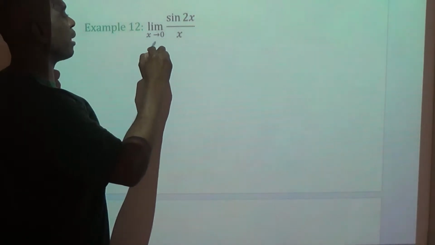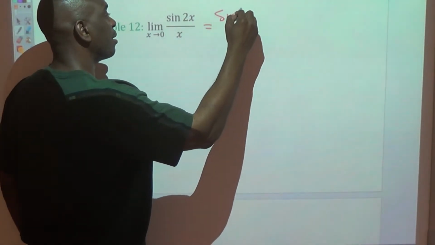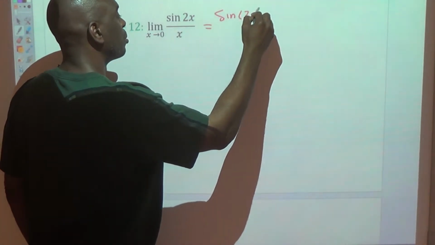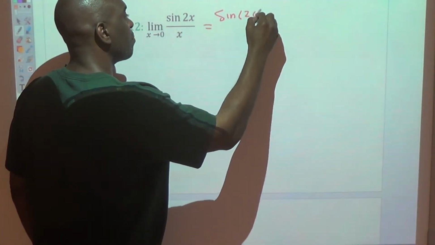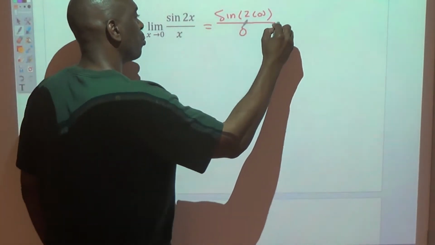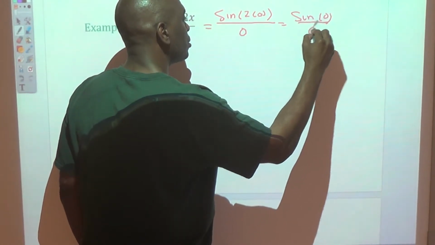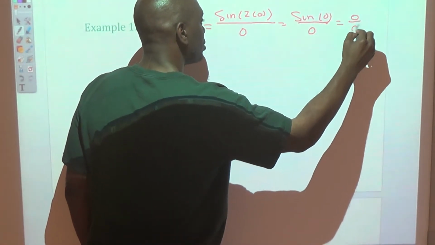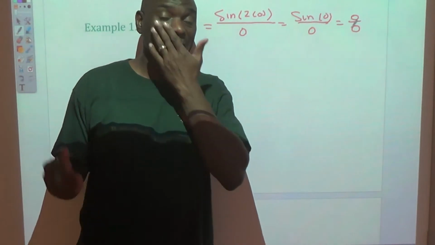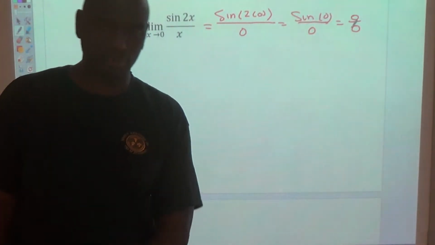Well, let's take a look at it. If you put 0 in, you're going to get the sine of 2 times 0 all over 0, which is the sine of 0 over 0, which is 0 over 0. Again, that's indeterminate. That's not going to work.